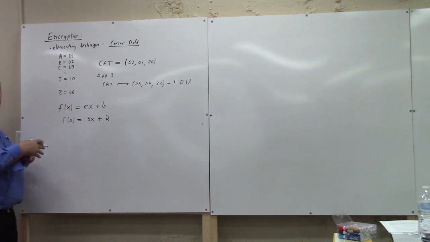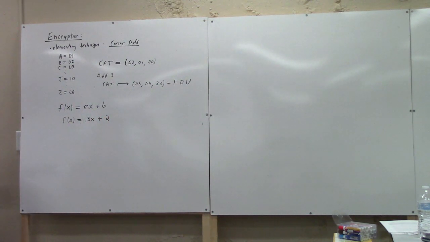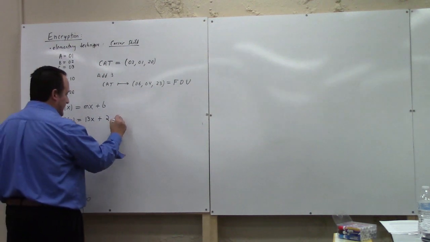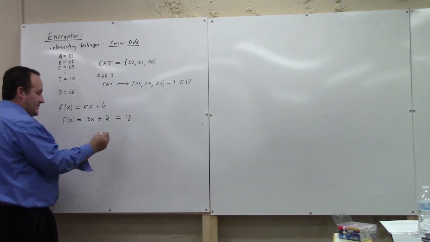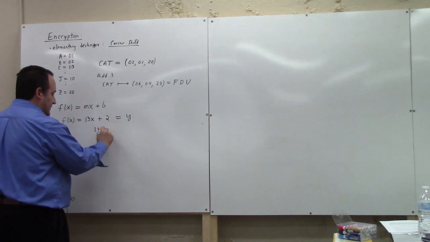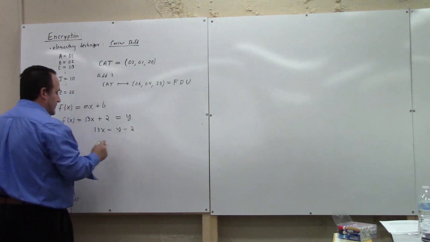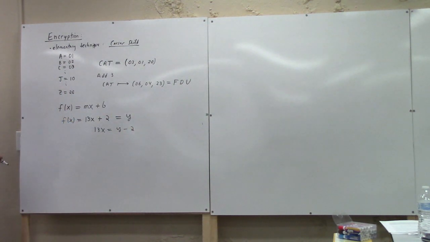I'm not saying it's that, but suppose it is. How do you find the inverse function mod 26? We set this equal to y and solve for x. So we've got 13x equals y minus 2. And then the question is, what's the inverse?